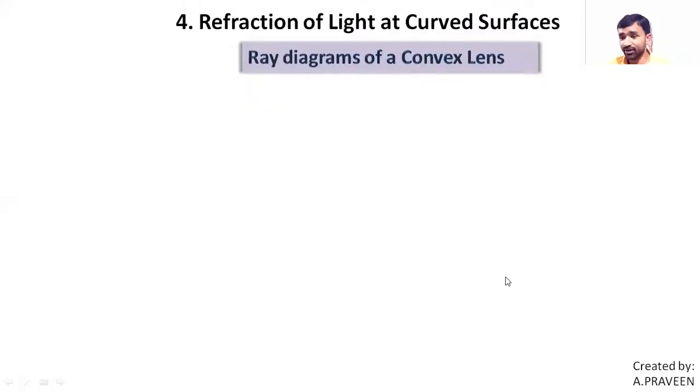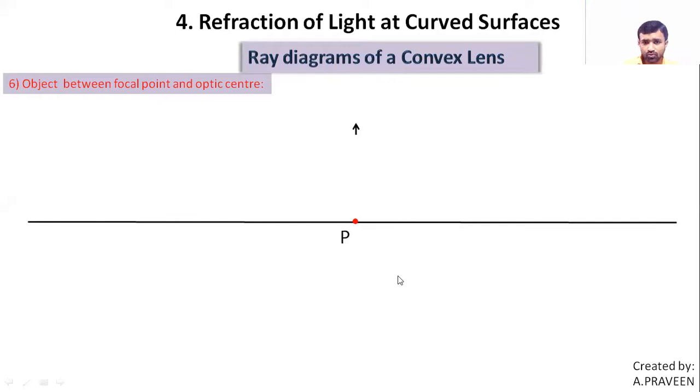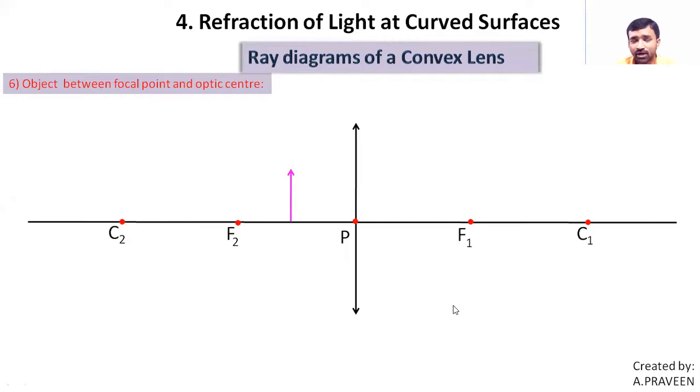So here, the position is exactly between F and P, or pole and focus. Object is shown, right? So now I require two rays.